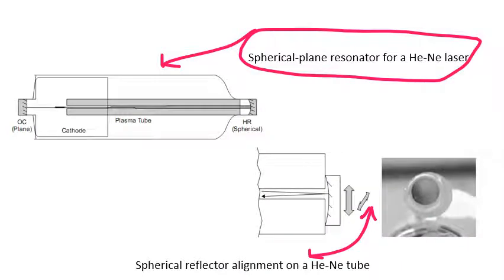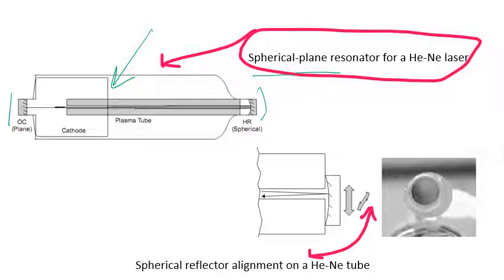Here you can see the example. This is a spherical-plane resonator. Okay, as I mentioned, the helium neon laser. This is your HR portion, this is the OC portion. What I mentioned in the last slide, to take the output from the OC side.